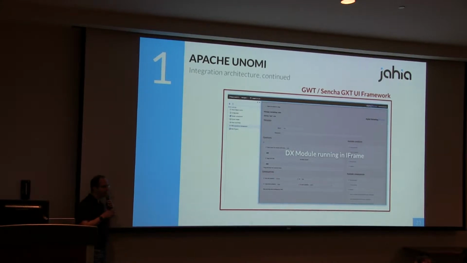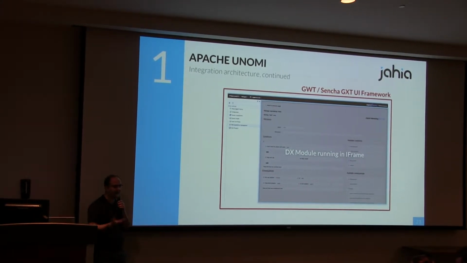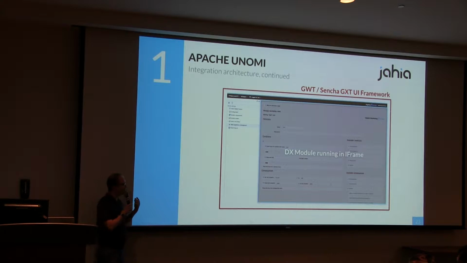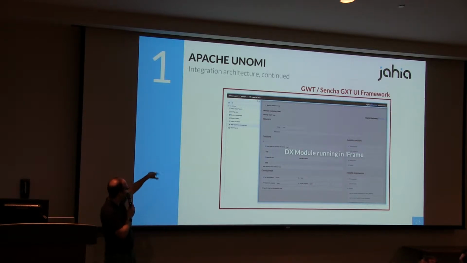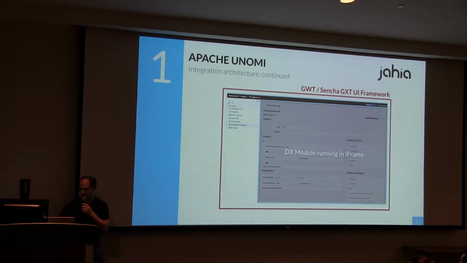Now if you look at the platform we had to integrate with, meaning that we're not starting a new project, we're actually running this inside an existing platform. The overall platform is running a UI that's been developed in Grid with Sencha Ext JS, so that's what the red box is. And then inside we have an iframe that allows you to build extra administration interfaces.